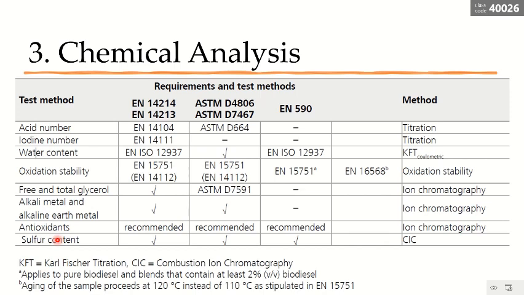For the waste cooking oil or the feedstock, for example, we have a lot of standards which are well recognized internationally and worldwide. One is called EN, the European standard, which is very well recognized in the European area. They have their standard methods. Another one is ASTM, which stands for American Society for Testing and Materials.